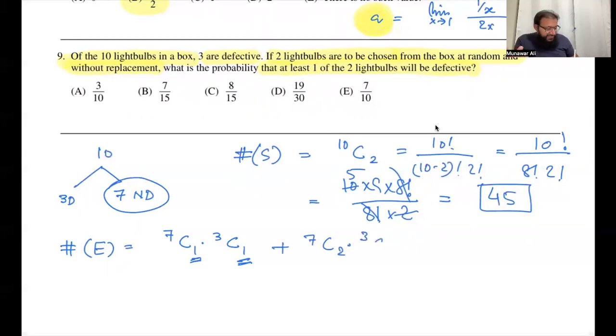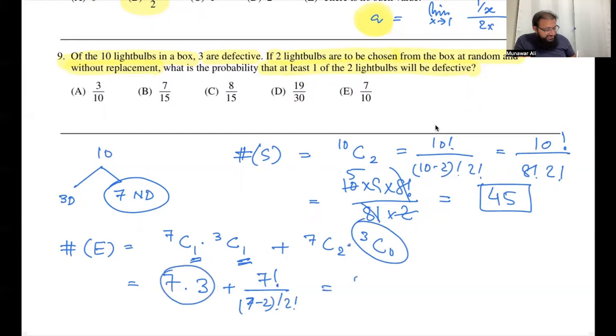Out of 7, if you choose 1, there are 7 choices. You can apply the same formula of combination. Times 3 choose 1 is 3, plus 7 choose 2. 7 choose 2 is 7 factorial over 7 minus 2 factorial, 2 factorial. I could have written 3 choose 0, but it is 1, so I'm not writing.